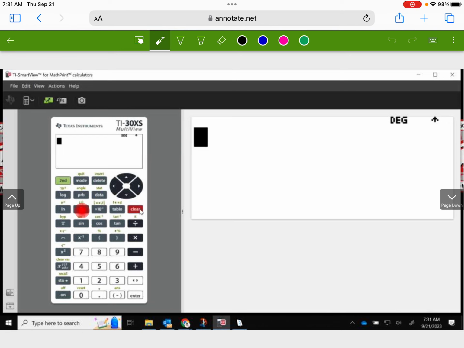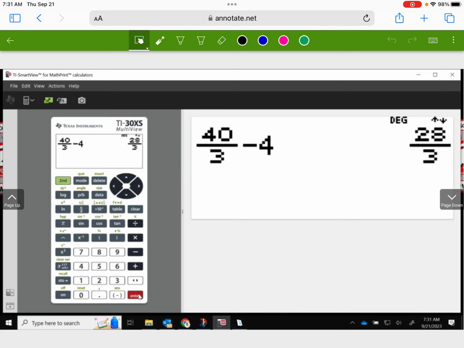It has an N over D. I'm going to push that, and it lets me type 40. I'm going to hit the down arrow over 3. If I hit that right arrow, it brings me out, and I can say minus 4. And it'll spit it out as a fraction. Entirely workable. So we get 28 over 3.